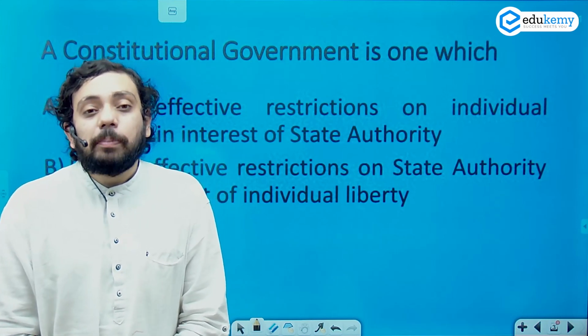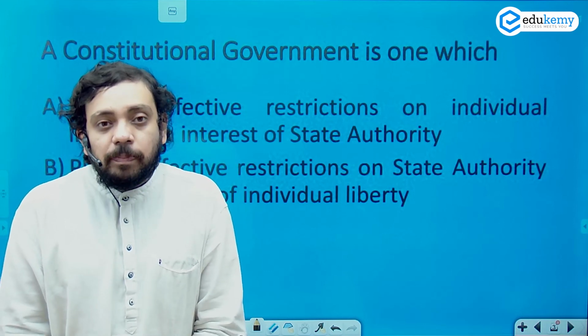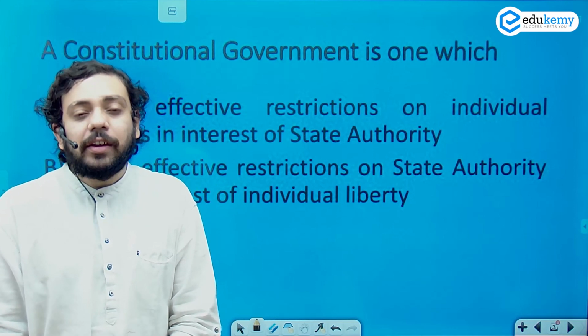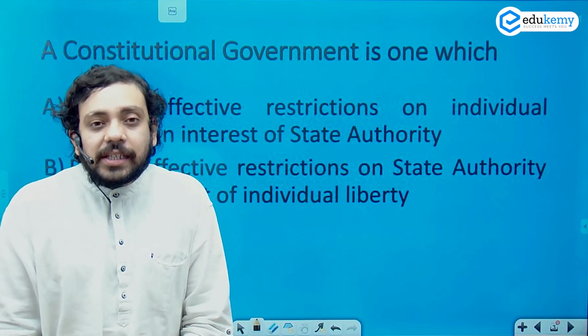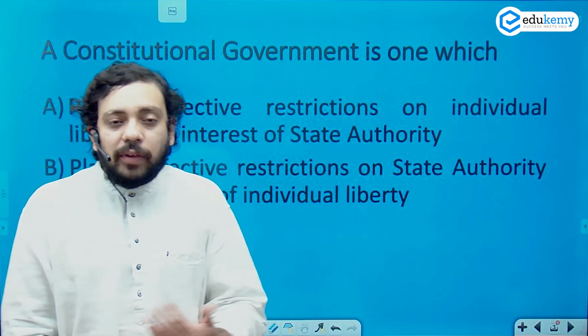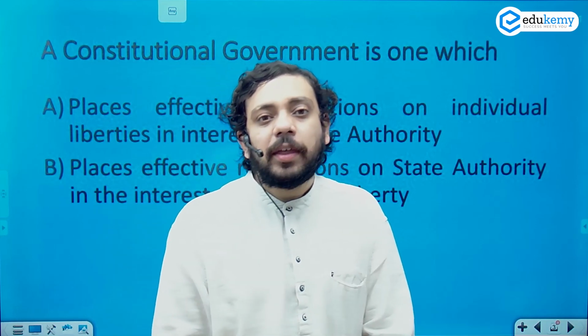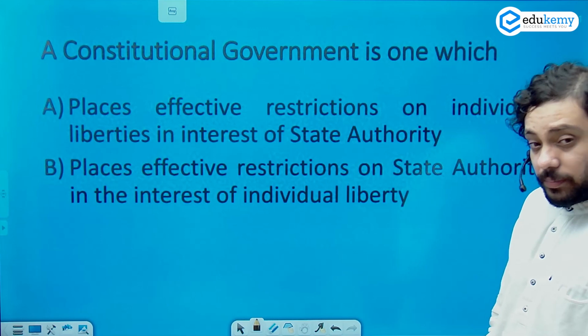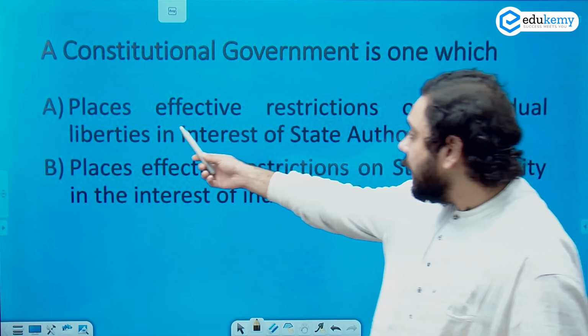So when the political parties are in power, more precisely executive power, there is a need to limit the exercise of such power, and that very need gives rise to something called the constitution or a constitutional government.